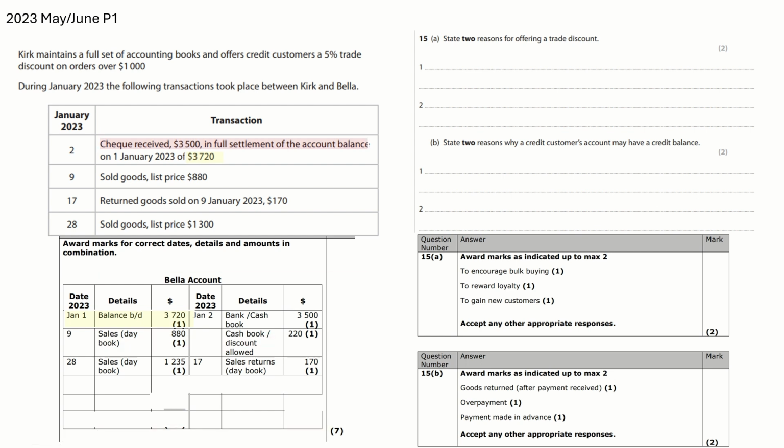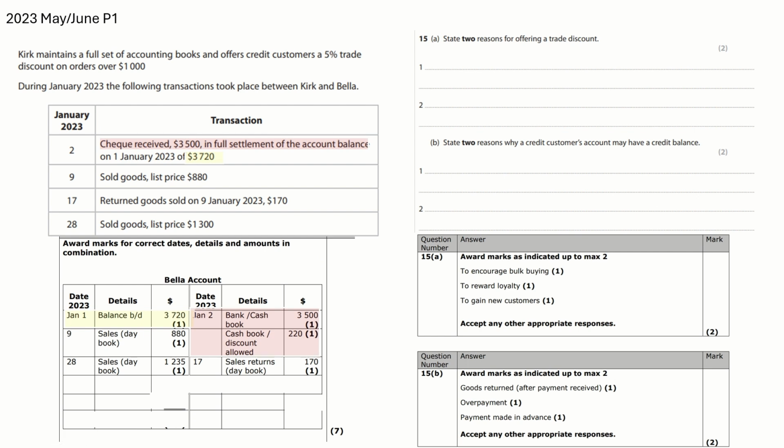And then cheque received for 3,500 in full settlement of the balance on 1st Jan 2023. So at the beginning of this month, you can see there is a due of 3,720 and a full settlement of cheque is received. So you write bank, cash or bank 3,500.